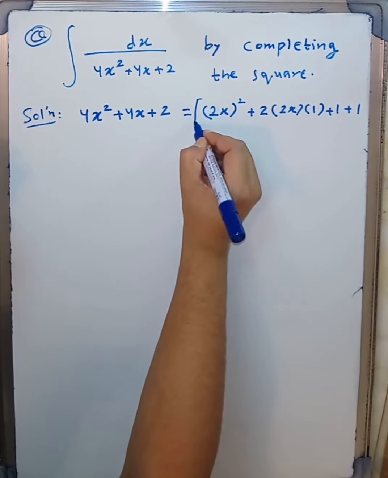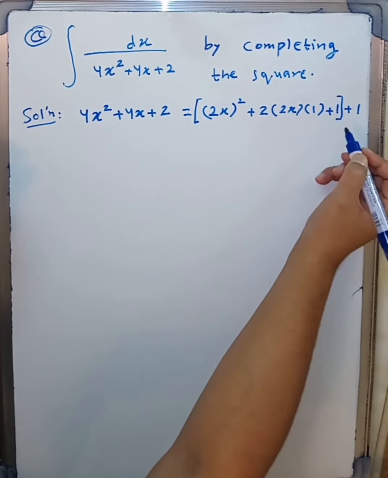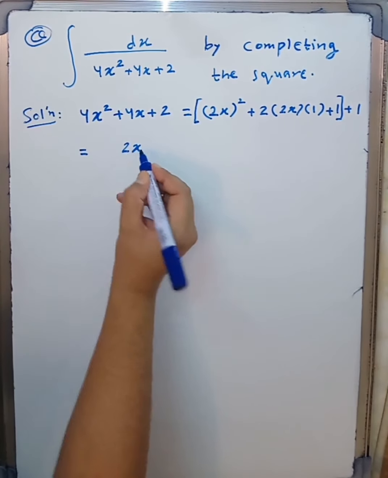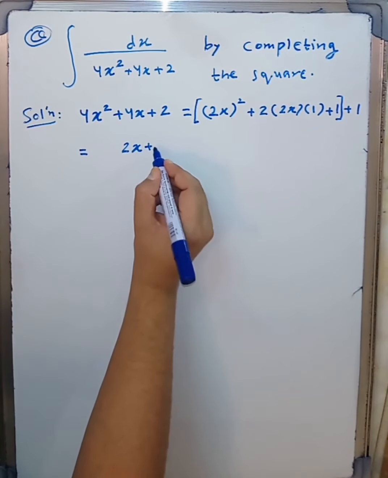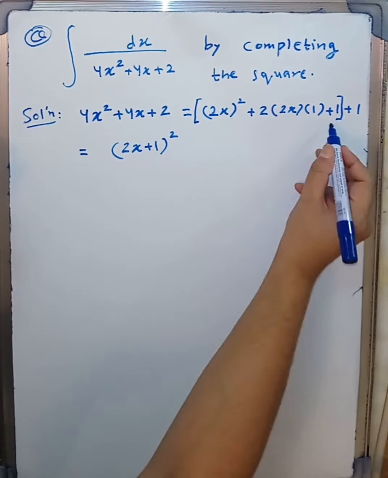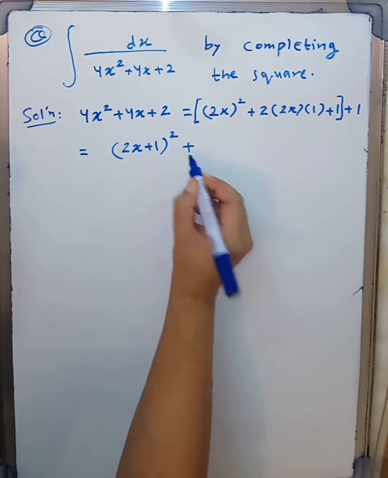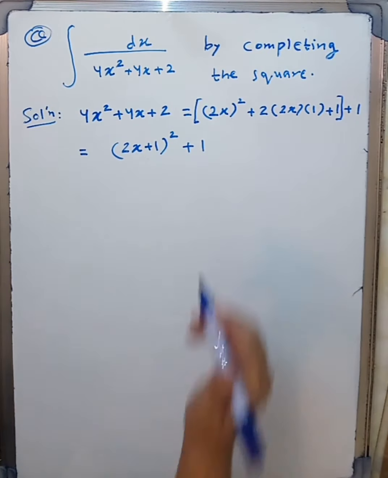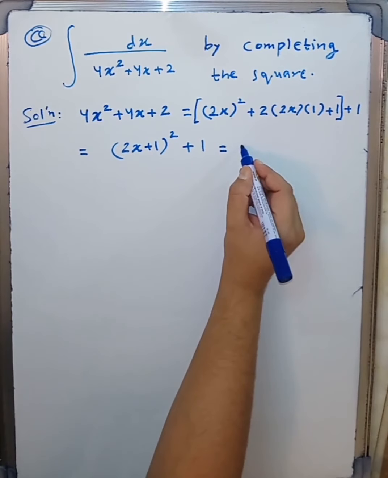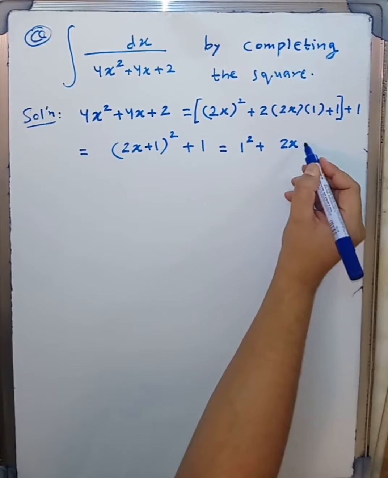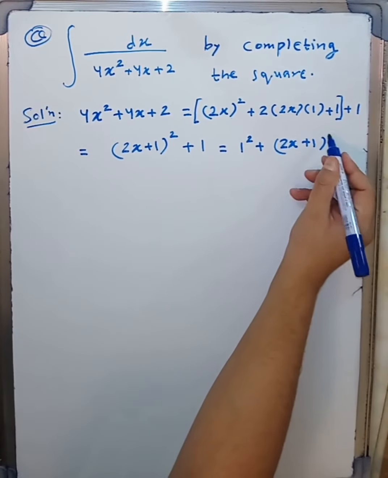Now if we see the first three terms, we can write it as 2x plus 1 whole square plus 1, or we can write it as 1 square plus 2x plus 1 whole square.